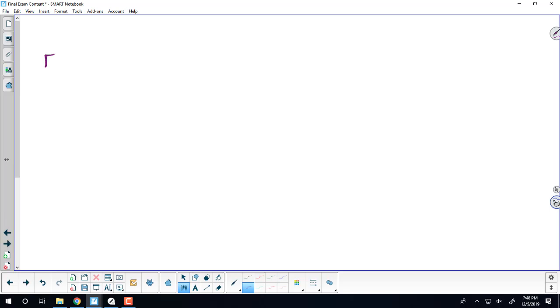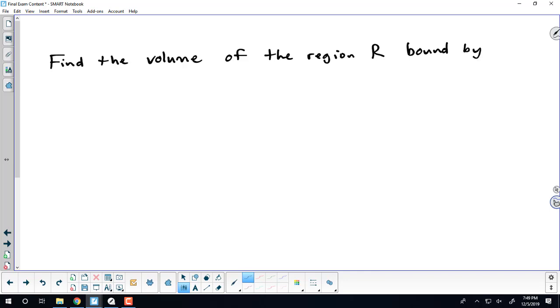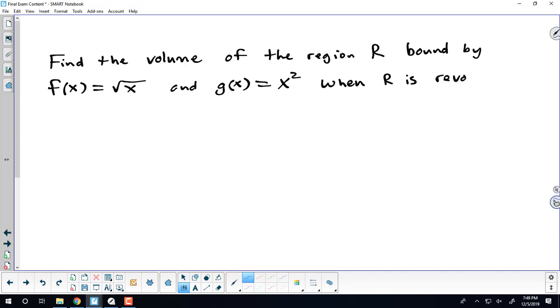Find the volume of the region R bound by square root of x and x squared, when R is revolved about the x-axis.